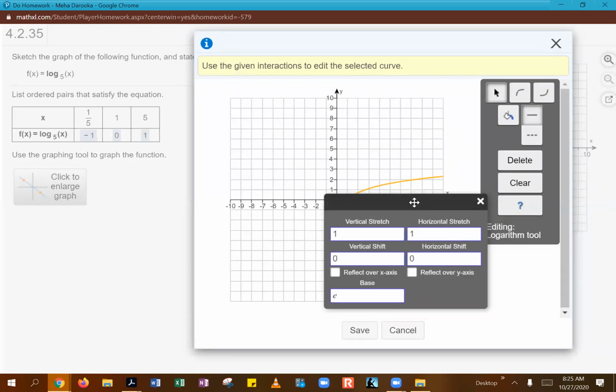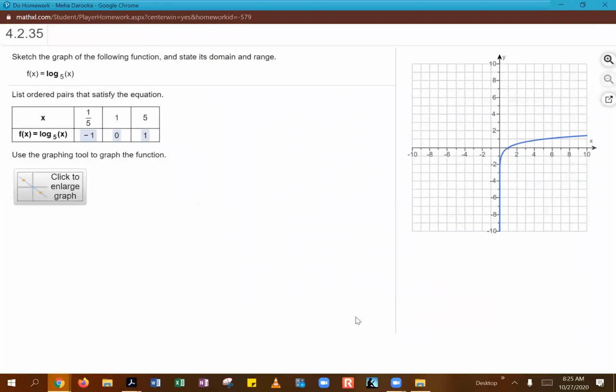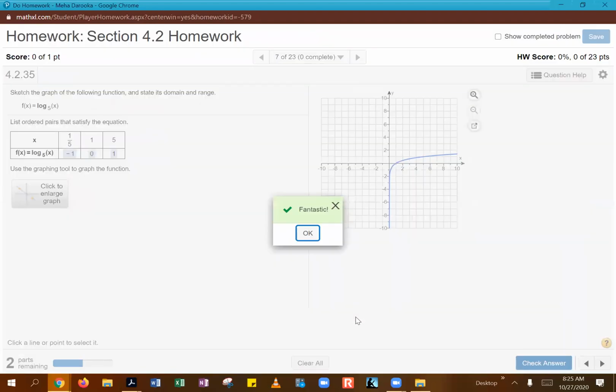So remember, you only have log of x with base 5. So there's no stretching, shrinking, shifting, any of that happening. All you do is take that base e and change it from e to your base 5 for this function. And then, of course, that will change your graph accordingly. And that's all you have to do. Just save your graph after that.